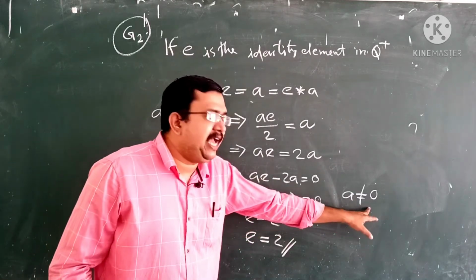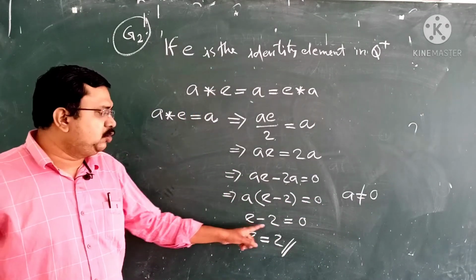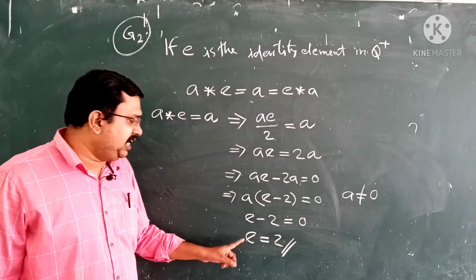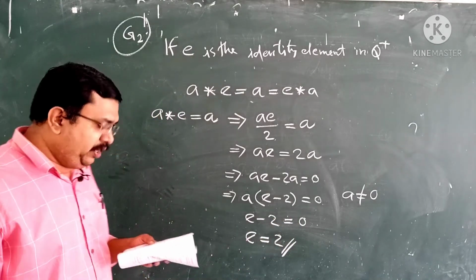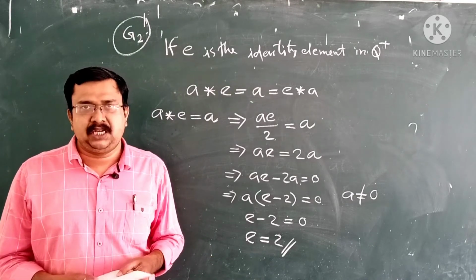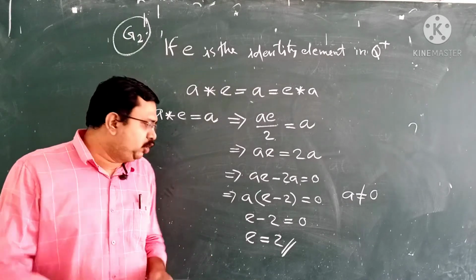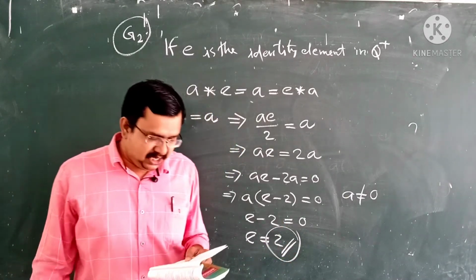But we know that A is not equal to 0, therefore E minus 2 is equal to 0, that is E equal to 2. Therefore 2 is the identity element and belongs to Q plus. Here remember that 2 is the identity element.